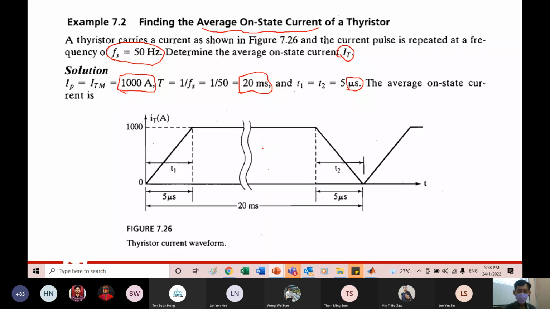So now, how to do the calculation? Obviously, the whole cycle is 20 millisecond, 50 Hertz. Then you have an on time, 5 microseconds. So you can see that it is basically a triangle.